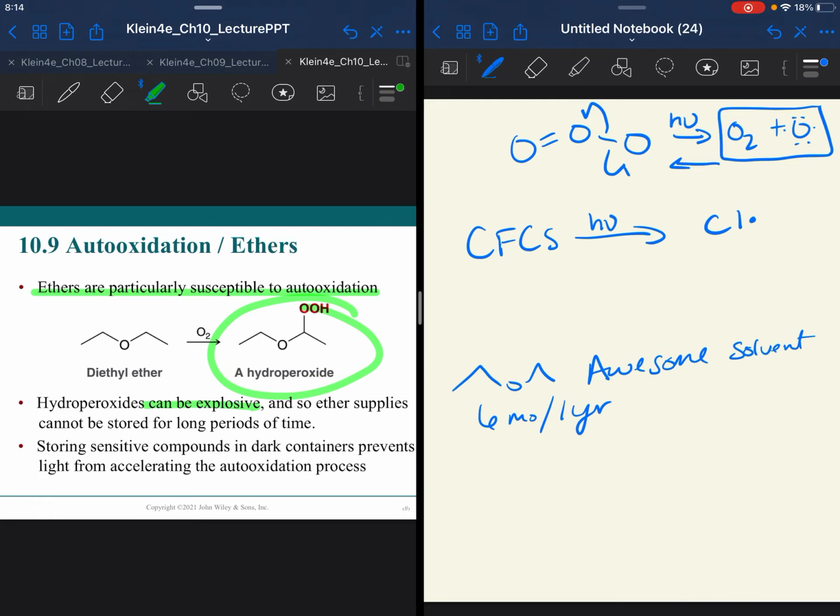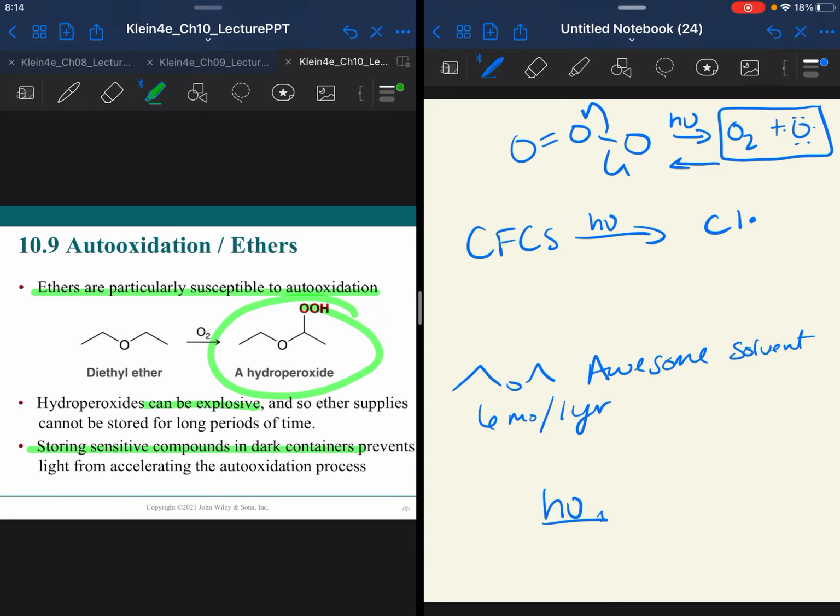It's one of the reasons why I'm very adamant in lab that you keep bottles closed, because O2 can react with things. It is also why you might see dark containers. If you notice, a lot of our chemicals in the lab are in these dark brown amber bottles. That is to prevent light from accelerating the autooxidation process, right?